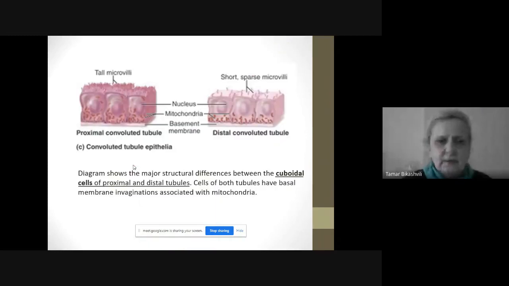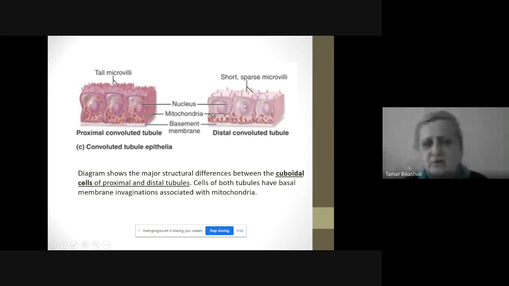So if we compare the cells of the proximal convoluted tubules and distal convoluted tubules, both are cuboidal cells. The proximal cells are richer in mitochondria and have numerous microvilli on the apical surface.